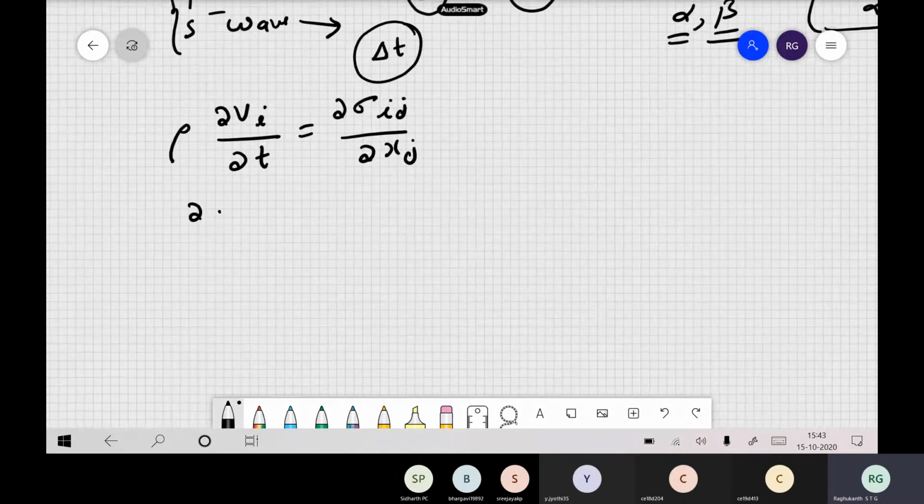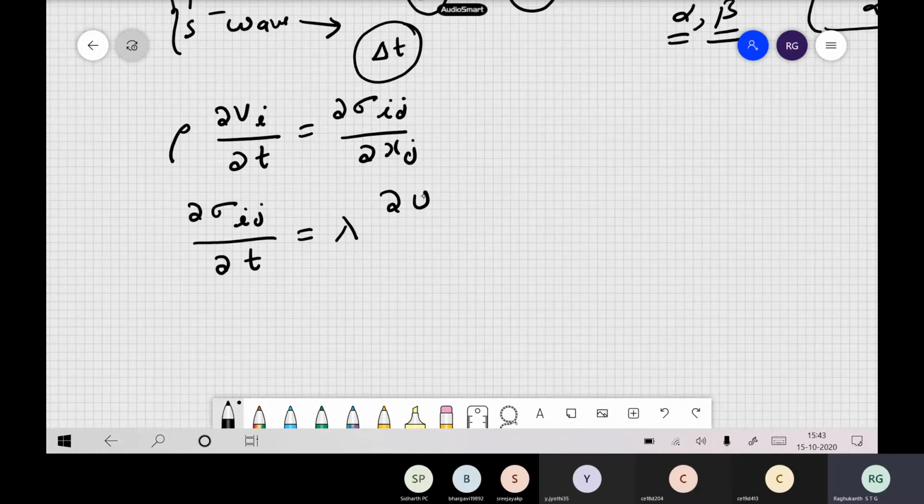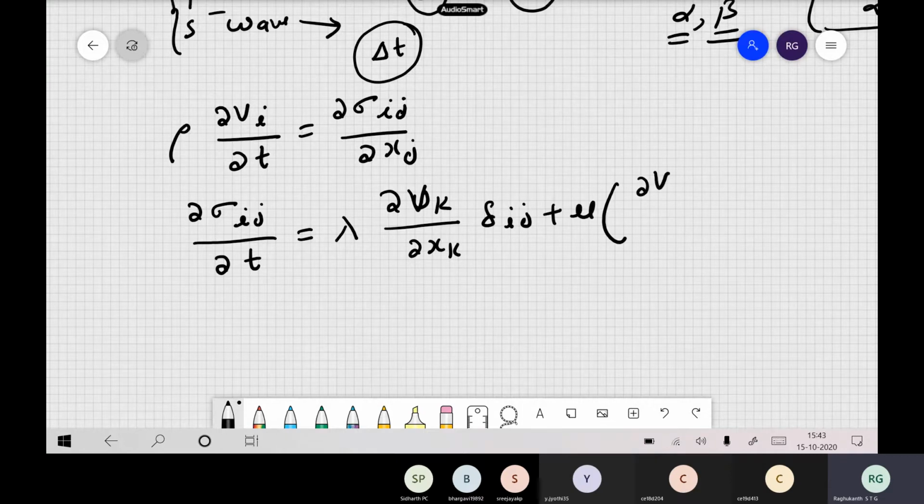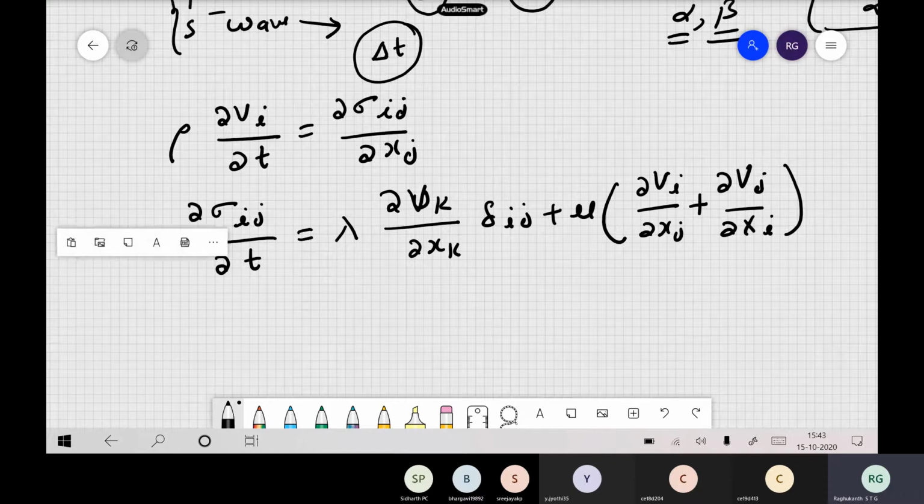So we have 6 equations of dou sigma ij by dou t, equal to lambda dou vk by dou xk delta ij plus mu times (dou vi by dou xj plus dou vj by dou xi). We are writing everything in terms of stress and velocity. These are my equations, the velocity-stress formulation in 3 dimensions. And of course i, j and k run from 1 to 3.